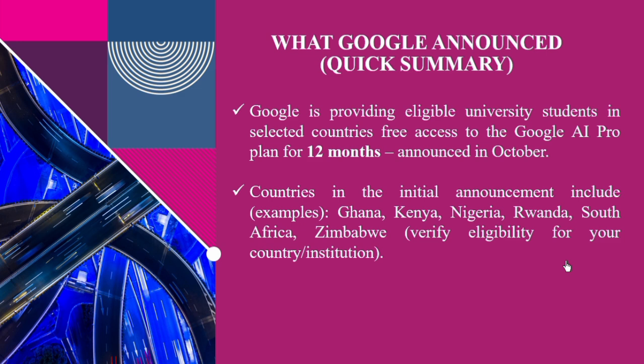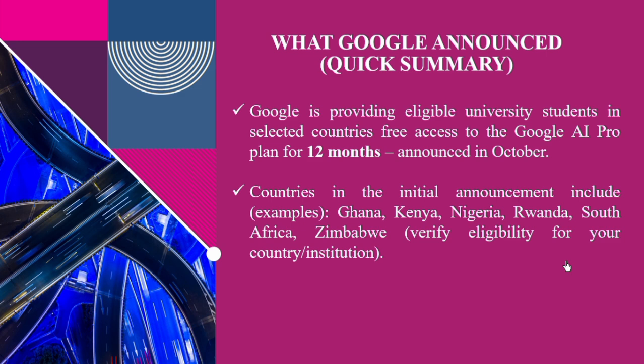These countries include Ghana, Kenya, Nigeria, Rwanda, South Africa, and Zimbabwe, and these are the first batch of countries listed in Google's announcement. So if you are a student, particularly a university student from any of these countries, you are eligible to apply for this Gemini AI free for 1 year.